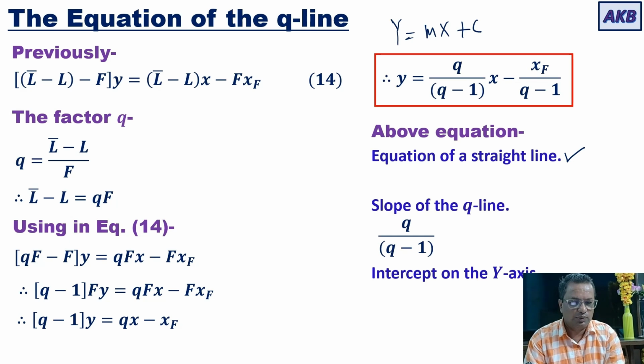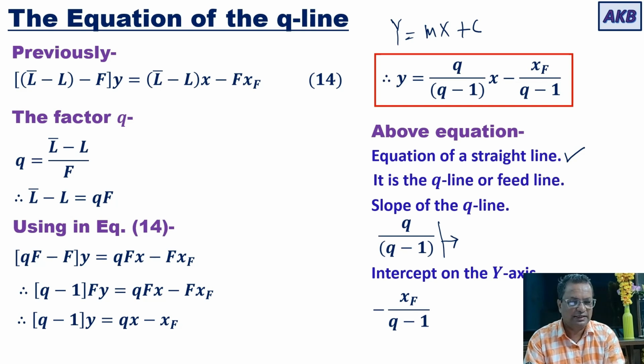So the slope of the Q line will be Q upon Q minus 1, and the intercept on the y-axis will be minus XF upon Q minus 1. So c will be minus XF upon Q minus 1. So this straight line is nothing but the Q line or the feed line. Okay. So this is how you get the equation for the Q line.